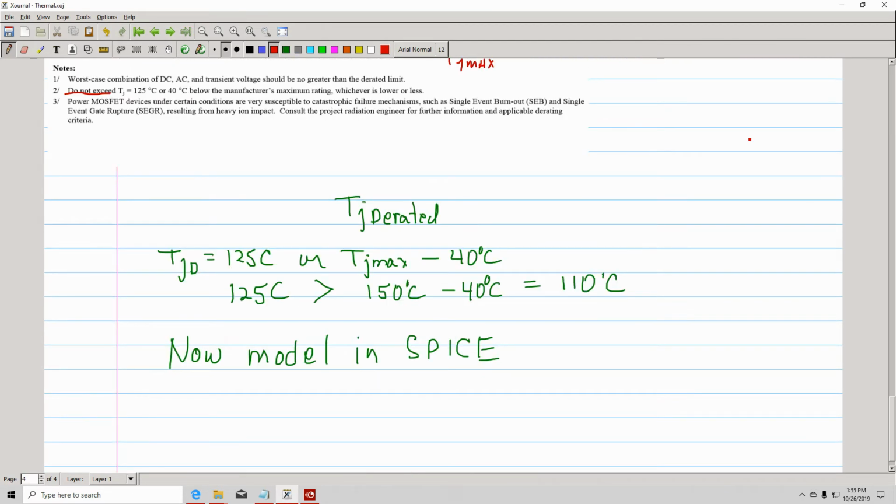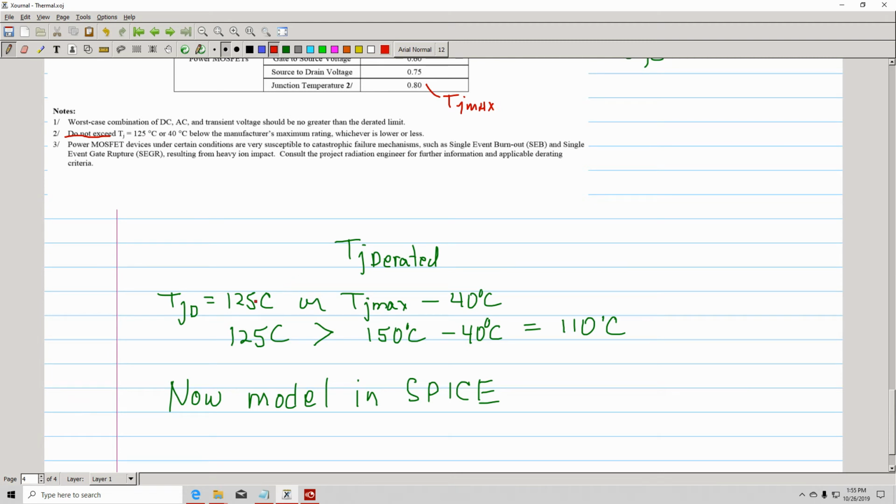So the TJ derated, in other words, this is the maximum that we want to limit. If our design goes over this limit, you fail the derating.